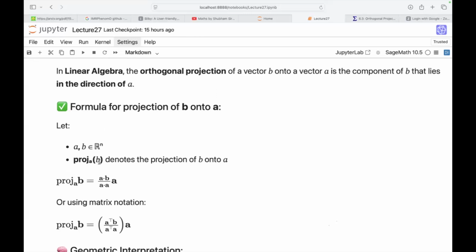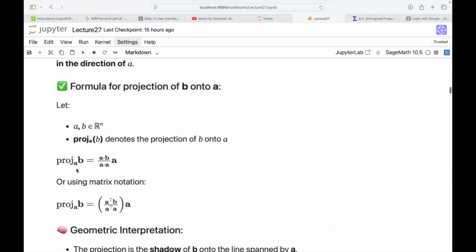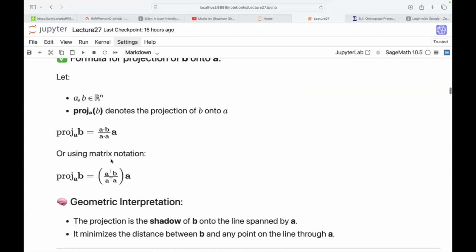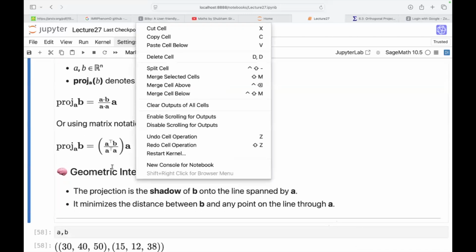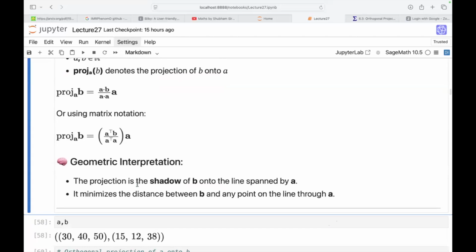Okay? The orthogonal projection of B onto A, in the direction of A, is the dot product of A and B, divided by A dot A, times the vector A. A dot A is also the square of the norm of A, or using matrix notation, A transpose B over A transpose A, times A. Next is the geometrical interpretation.